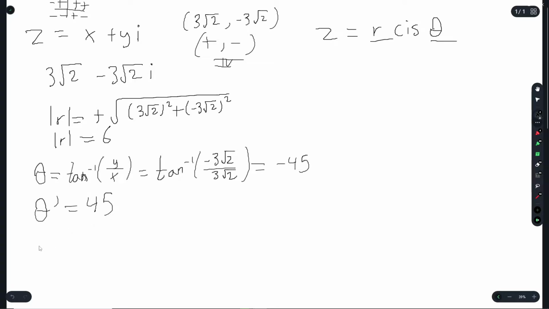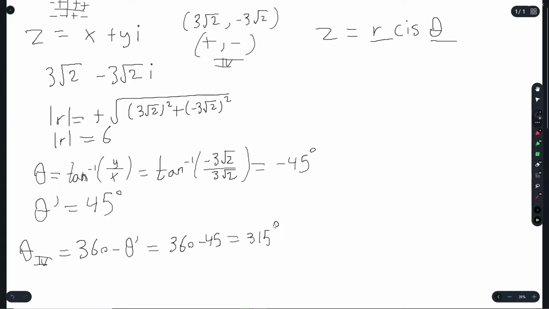Since it's quadrant 4, we have to find theta in quadrant 4. The formula for theta in quadrant 4 is 360, this is in degrees, minus theta prime, which will equal 360 minus 45, which is 315 degrees.